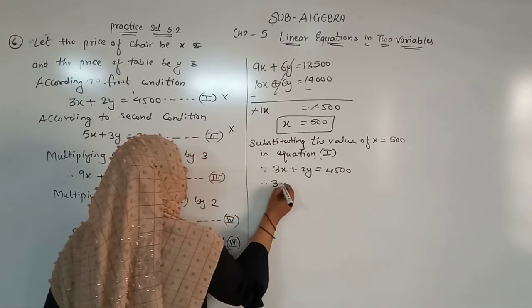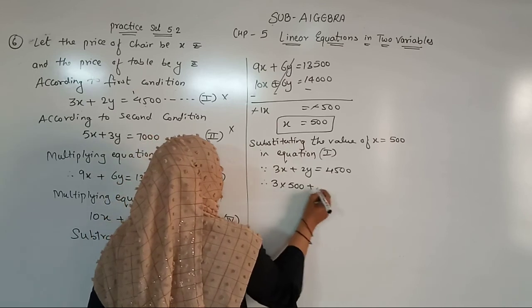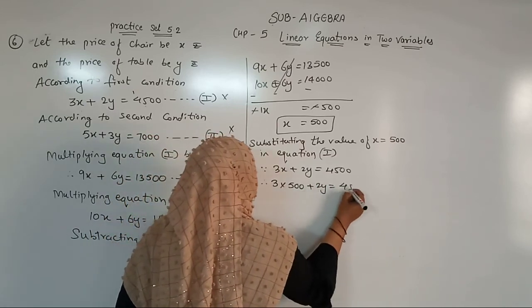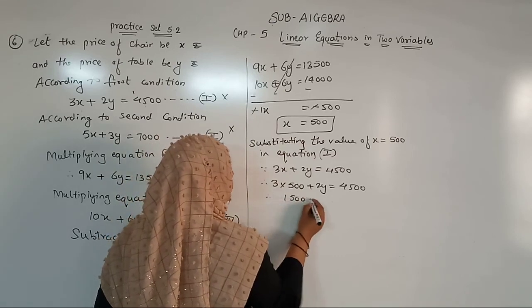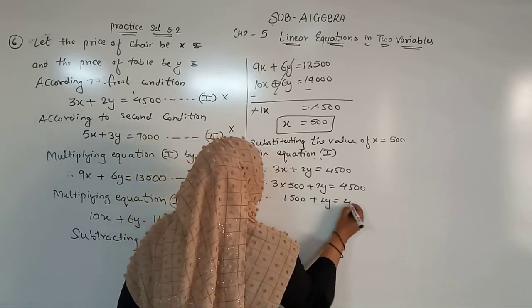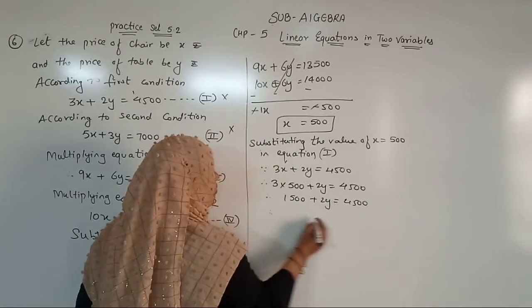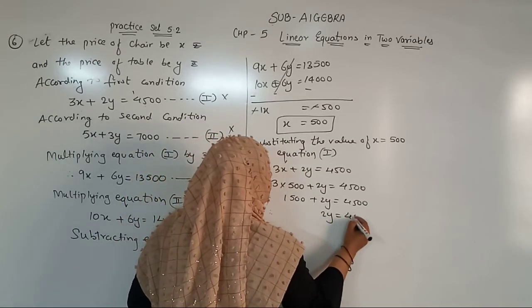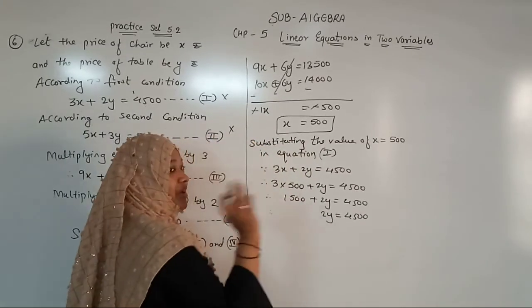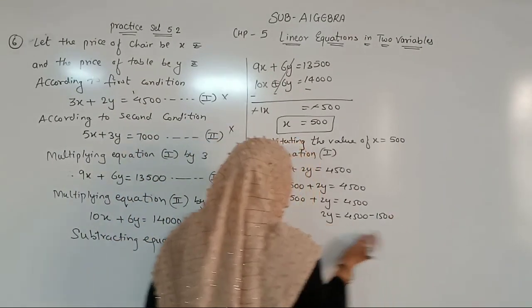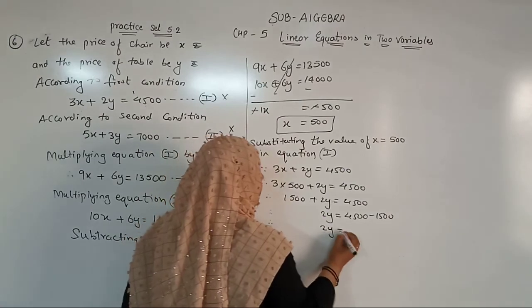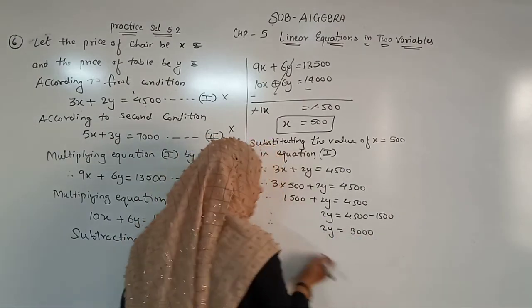So therefore 3 into 500 plus 2y equals 4,500. 3 5s are 15 hundred, plus 2y. Now my rule is that we take all the numbers to one side. When changing the side of a number, we have to change the sign also. Plus will become minus. So minus 1500. So 2y is equal to, I got 3,000.